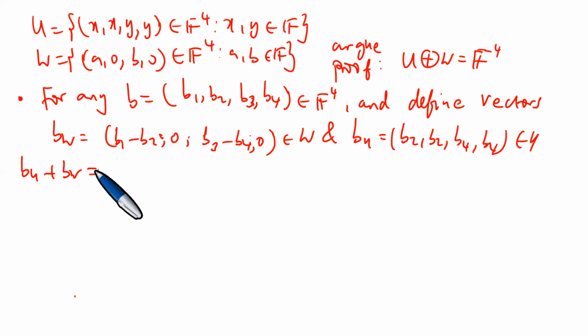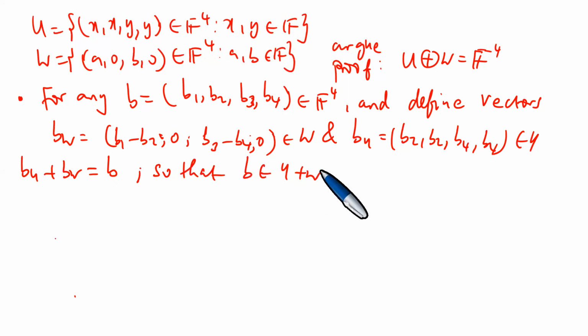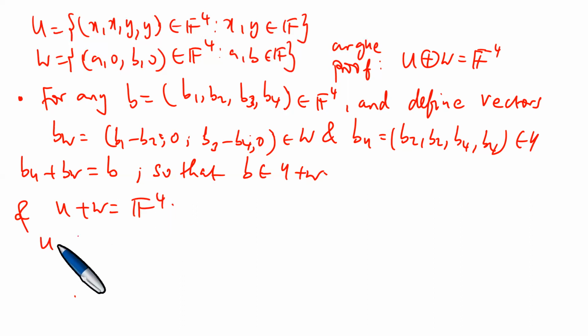So b_U plus b_W is actually equal to b. If you add these, you'll get b1, b2, and therefore b is in U plus W. Then we make the observation that U plus W can actually be perceived as F4, but U intersection W is trivial.